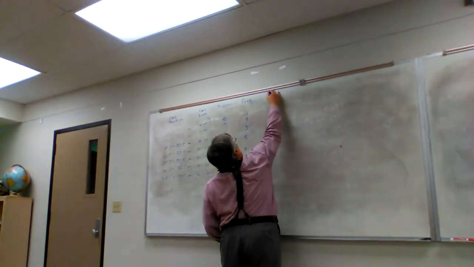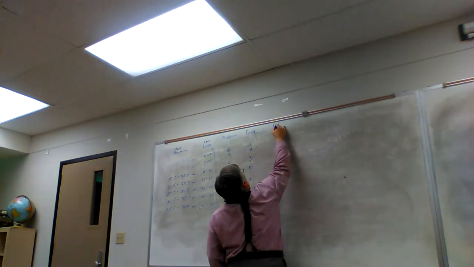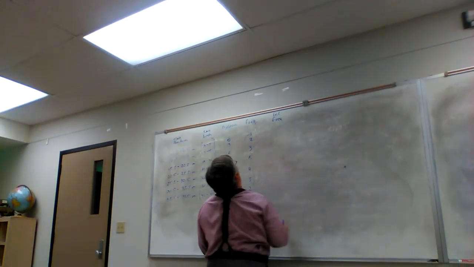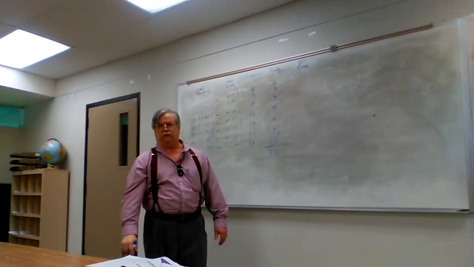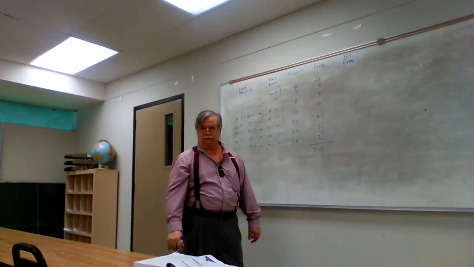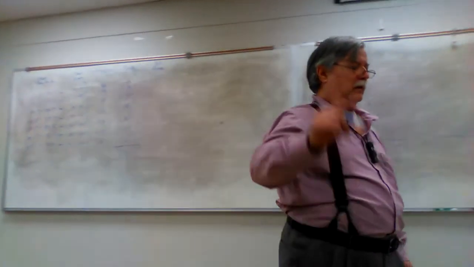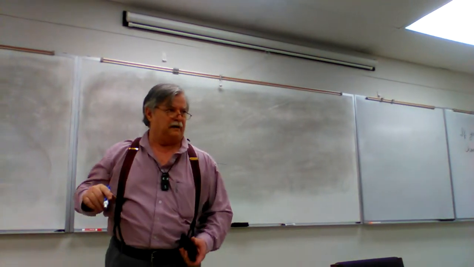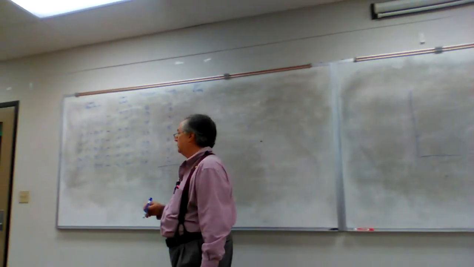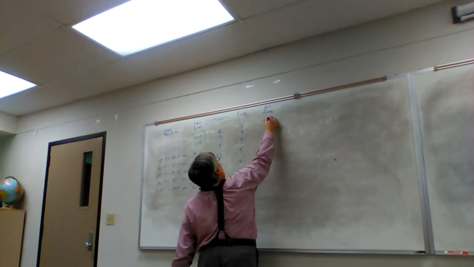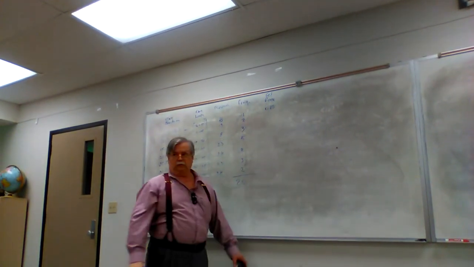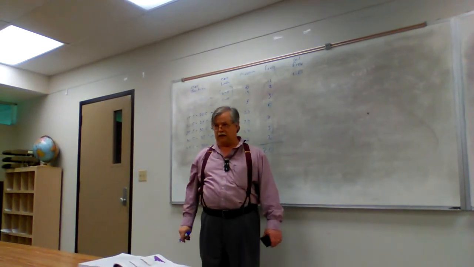So, now we calculate our relative frequencies. What's the relative frequency of the first class? One runner out of how many total? Out of 20. So it has a relative frequency of 5% or 0.05.